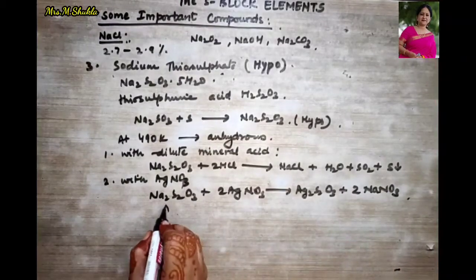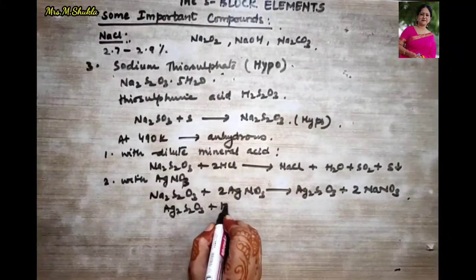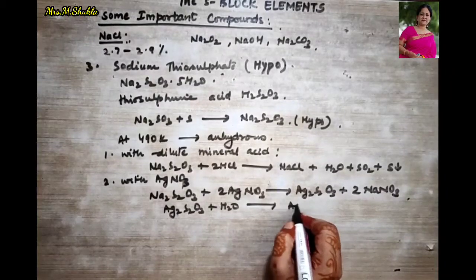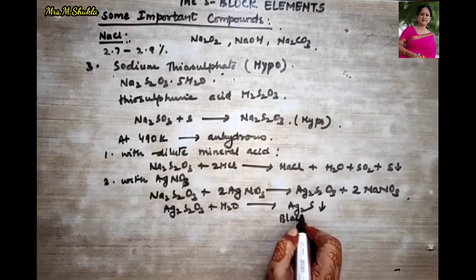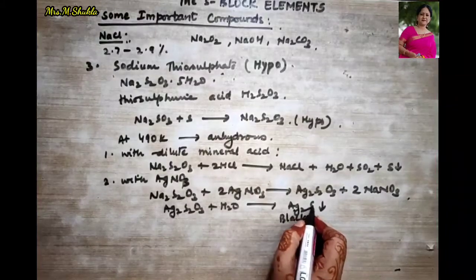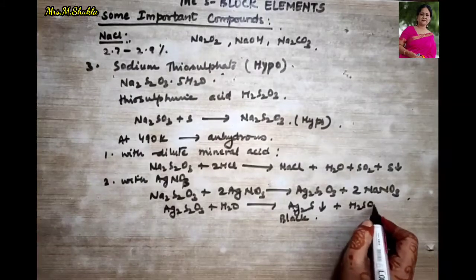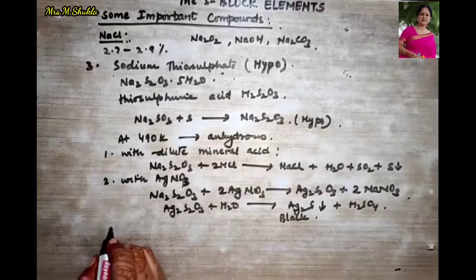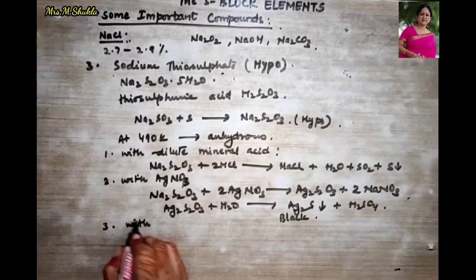And this Ag2S2O3, when diluted with water, is going to give us the black precipitate of silver sulfide plus H2SO4. Then another reaction, with iodine.